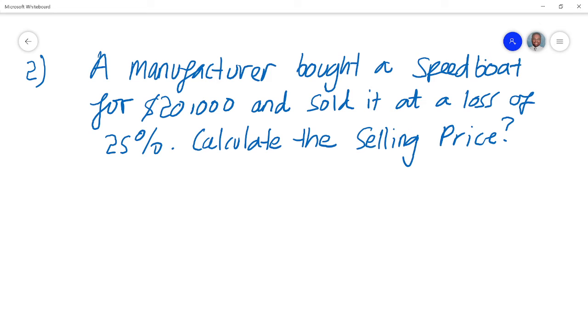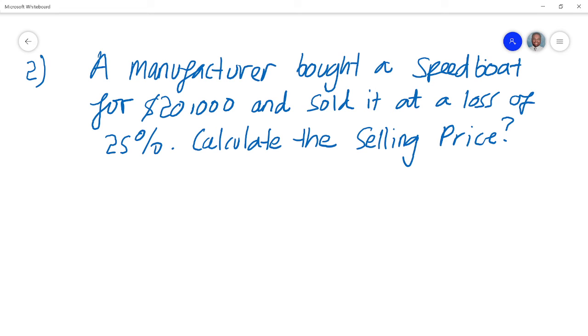In this question, you've got your cost price and your percentage loss, which is 25%, and you now need to calculate the selling price. In your mind, remember that your selling price will have to be less than $20,000 because the manufacturer has incurred a loss of 25%.